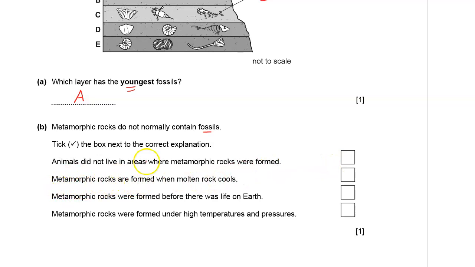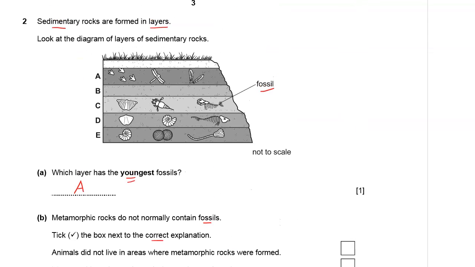Metamorphic rocks are formed when molten rocks cool down. That's not right. Metamorphic rocks were formed before there was life on Earth. That's not right. Metamorphic rocks were formed under high temperature and pressure. That is correct. Metamorphic rocks are formed when there is high pressure and high temperature.